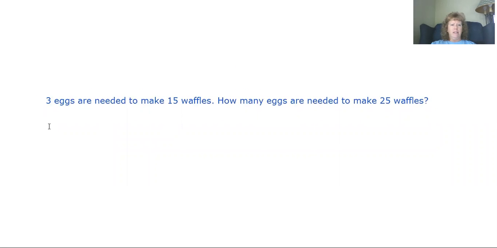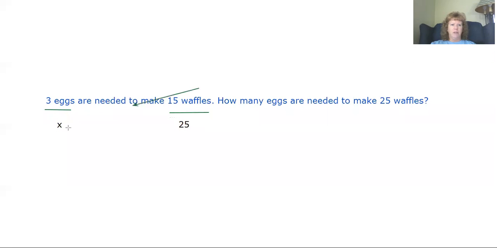3 eggs are needed to make 15 waffles. How many eggs are needed to make 25 waffles? If you pause the video here, I'd like you to try to write this problem out, and then we'll come back and do it together. So if you used a ratio of 3 eggs to 15 waffles, then you would be trying to find the amount of eggs for 25 waffles.